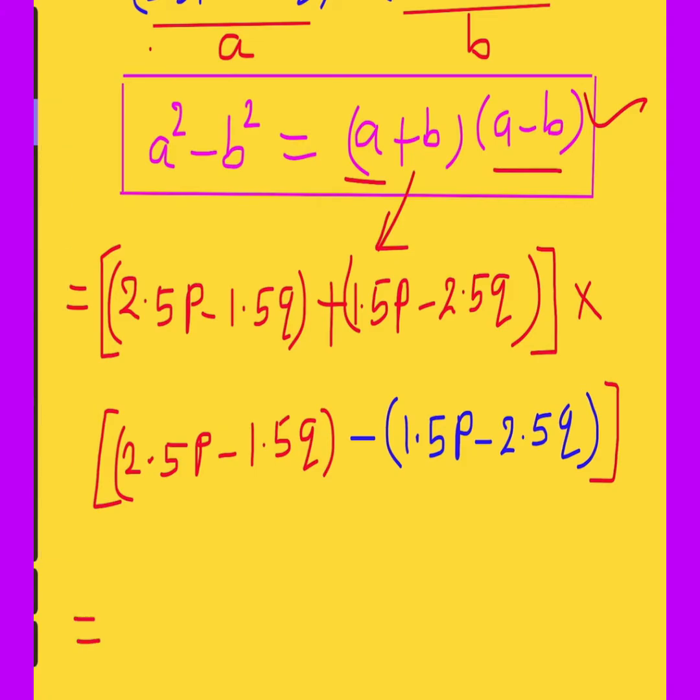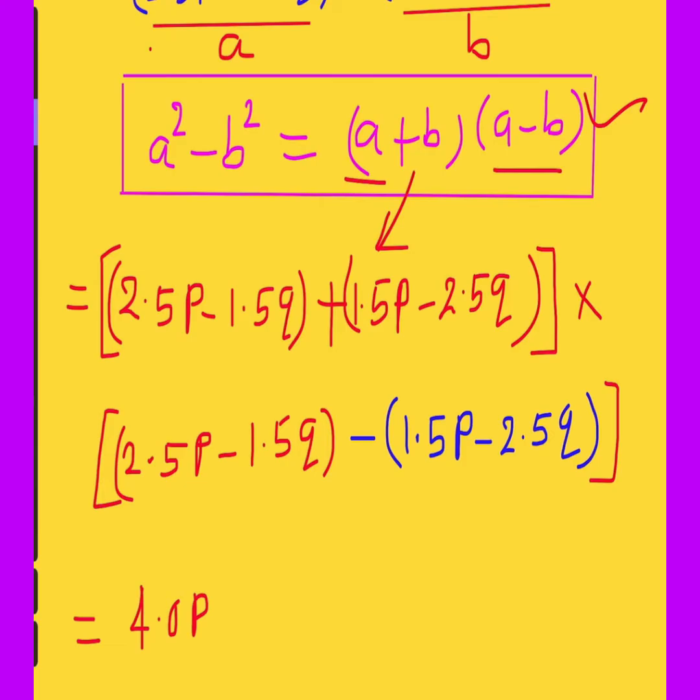In the next step, since here is plus, you can add simply without any change 2.5p and plus 1.5p. The total is 0.5 plus 0.5 means 10, so 0 and carry 1, and 1 and 2 that is 3 and carry 1. So you will write here 4.0p.